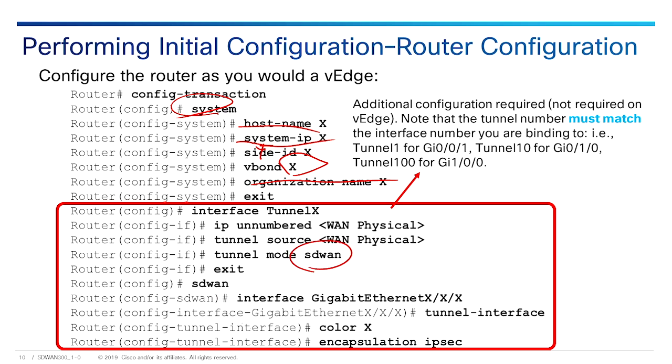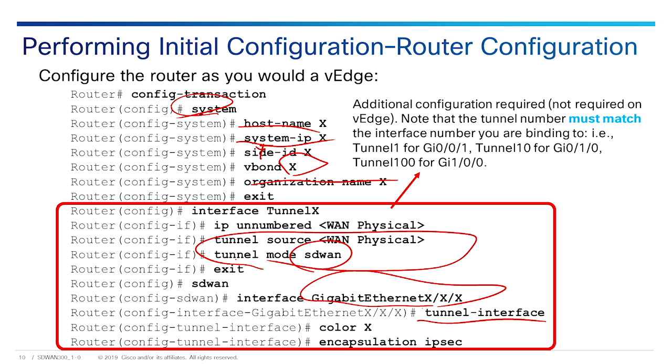Then we go into SD-WAN configuration, go to that interface, specify it as a tunnel interface, and give it a color and an encapsulation. So we have to configure the tunnel interface twice: here under the interface tunnel, and here under the physical interface. Just note that we are configuring that twice, and those must match for the tunnel to come up.